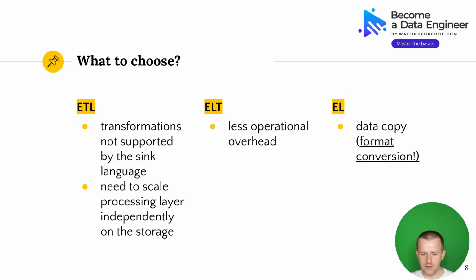So you can choose ETL when you have some transformation that are not necessarily supported by your data sink. So yeah, if you need some custom code, you can maybe do it with very complex SQL, but believe me, if you need to maintain this pipeline later, the simplicity is always better. And also you may need ETL when you will need to scale your transformation.